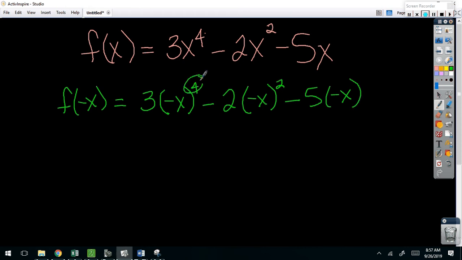Because this is a 4, what happens to the sign here? Positive, right? So I got positive 3x to the 4th. How about this one? Stays positive, so this stays the same.